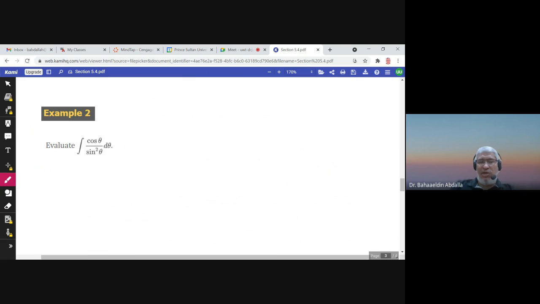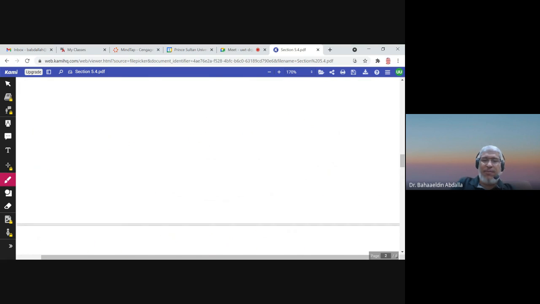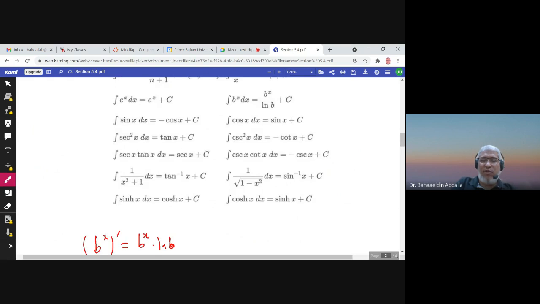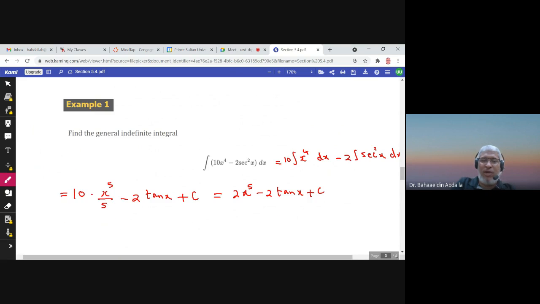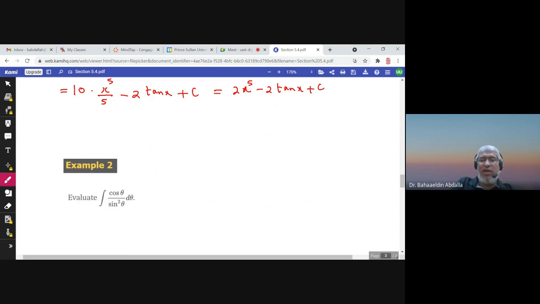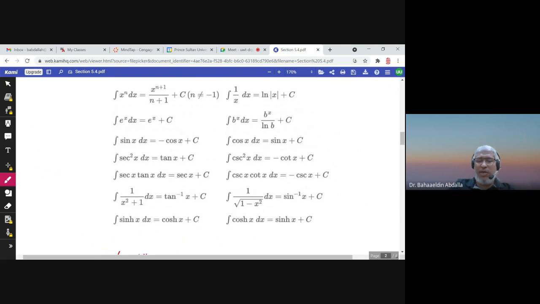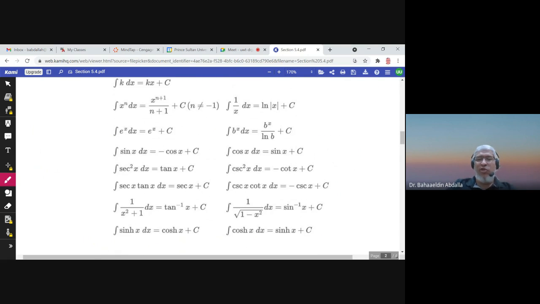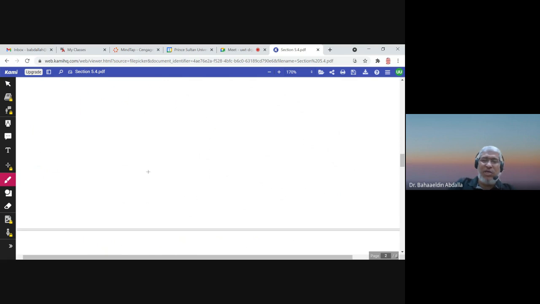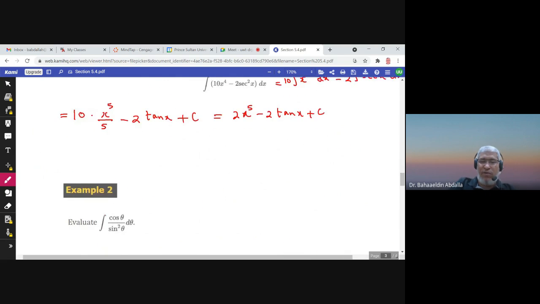Find this integral. Now, if you look at the formulas, you have to memorize the formulas, and you have to always compare the question to the formulas. So here I have cosine theta over sine square. There is no formula here in which I have cosine over sine square at all. I have integral cosine, integral sine, but there is no integral cosine over sine square.